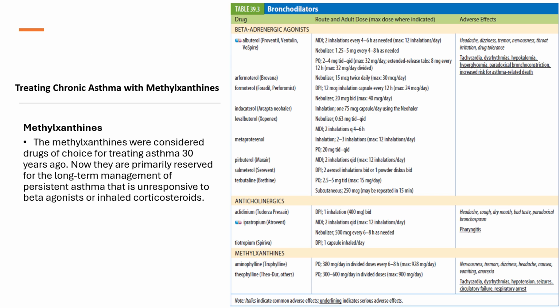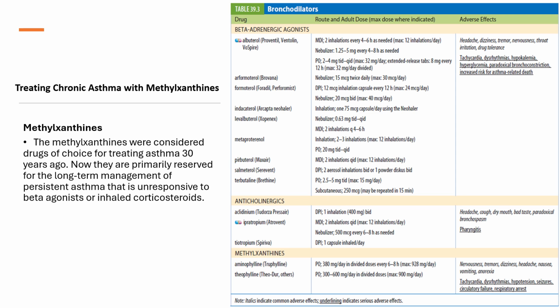Then you have your methylxanthines. The methylxanthines, theophylline and aminophylline, are bronchodilators. They are chemically related to caffeine. The methylxanthines are infrequently prescribed because they have a narrow safety margin, especially with prolonged use. Adverse effects such as nausea, vomiting, and CNS stimulation occur frequently, and dysrhythmias may be observed at high doses.